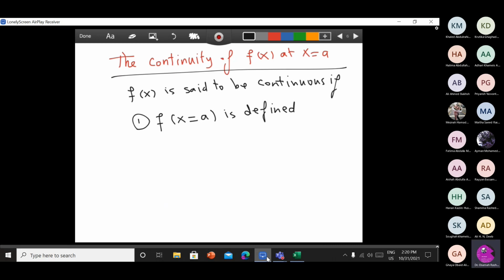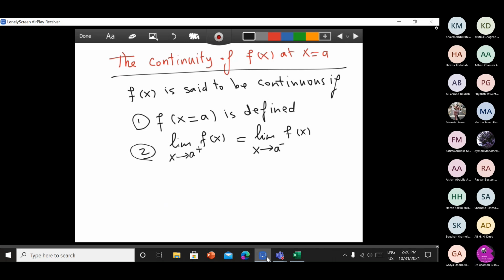It means there is a value, you know it, right? The second, the limit when x tends to a from the right equals the limit when x tends to a from the left.